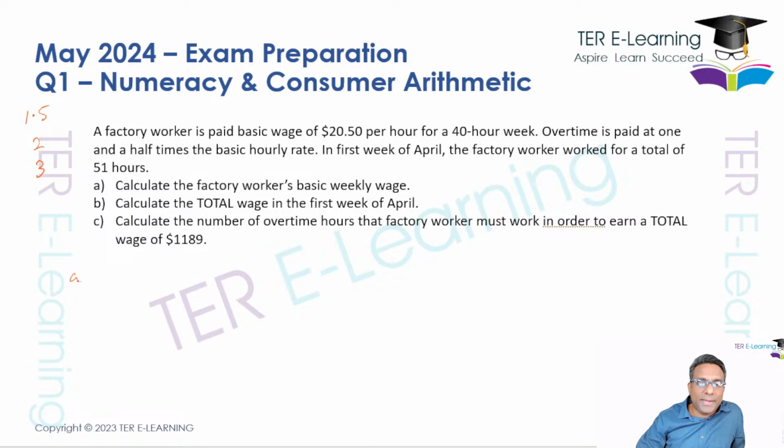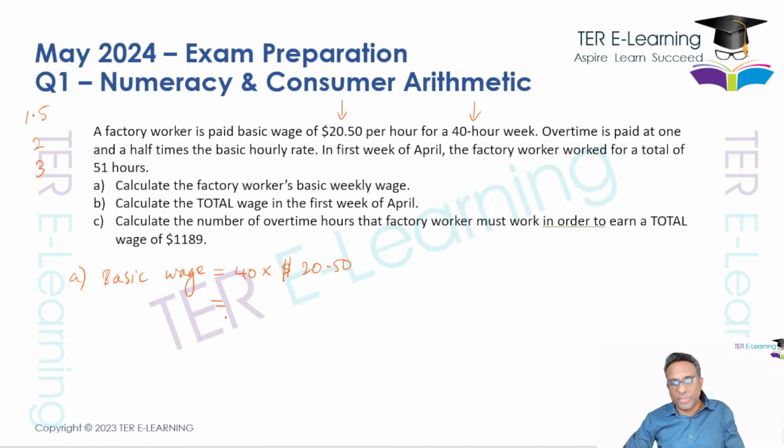So for part A, calculate the factory worker's basic weekly wage. This is the hourly rate, $20.50, and he's working 40 hours. So therefore, the basic wage is equal to 40 hours multiplied by the hourly wage rate, which is $20.50.